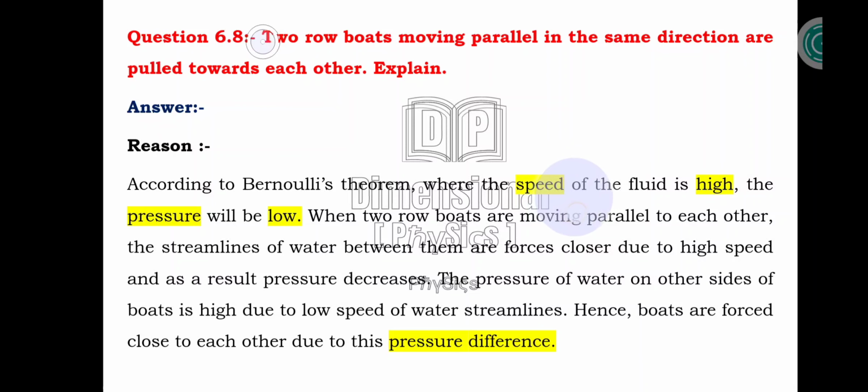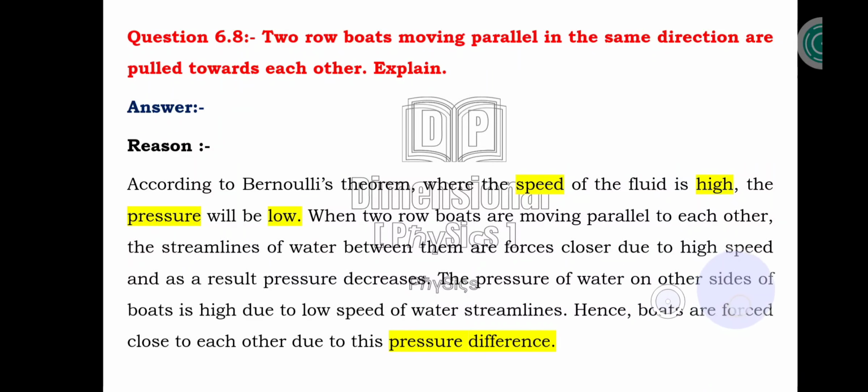Question 6.8. Two boats moving parallel in the same direction are pulled towards each other. Explain. Children, same reason that we discussed in the last previous question, Bernoulli's theorem. According to Bernoulli's theorem, where the speed of fluid is high, the pressure will be low. When two boats are moving parallel to each other, the streamlines of water between them are forced closer due to high speed, and as a result the pressure decreases.